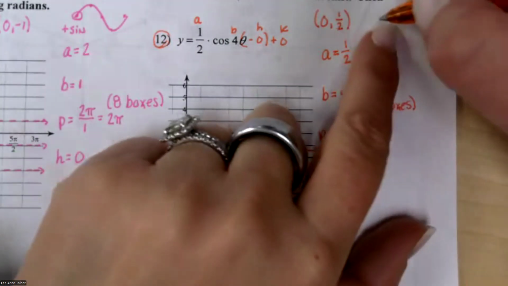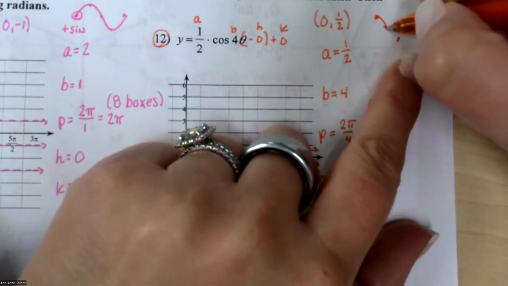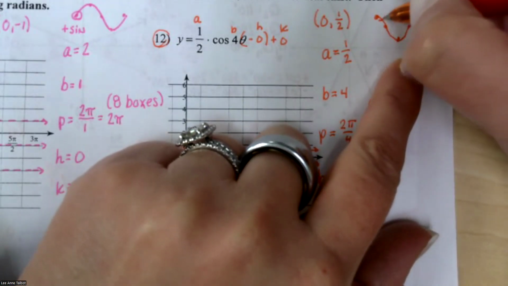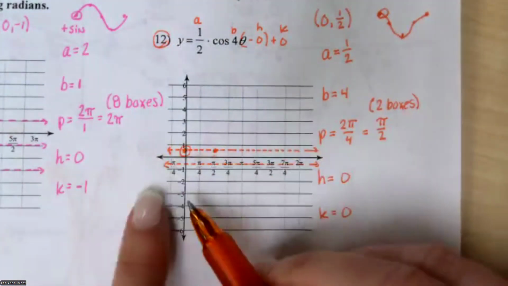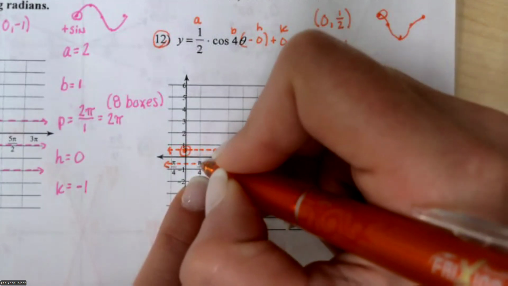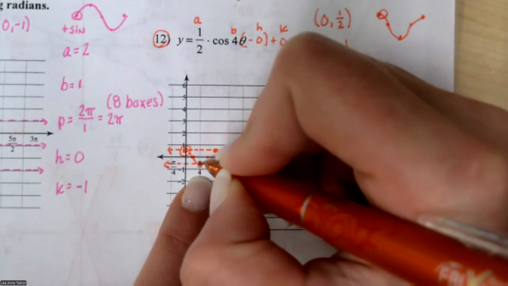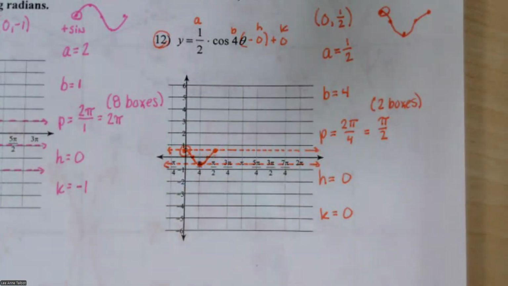And then general shape of positive cosine is this. And I have to fit this whole wave in between these two little dots here. So I'm going to move the middle dot first, and then the first and third dot. Tiny baby wave.